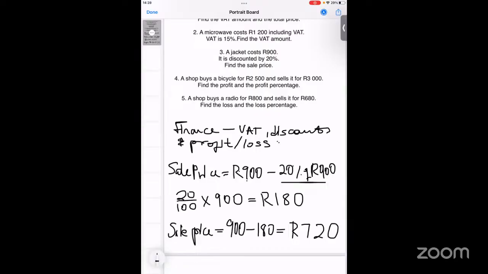So, yes, this is how you would work it out. I think that one was a straightforward question.